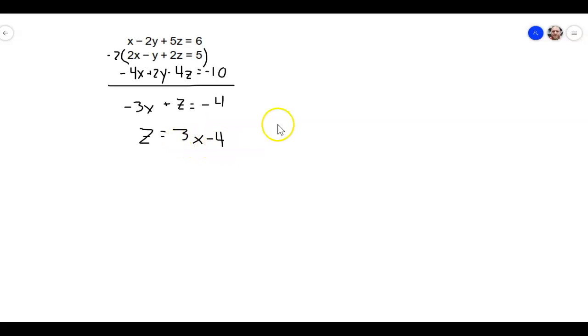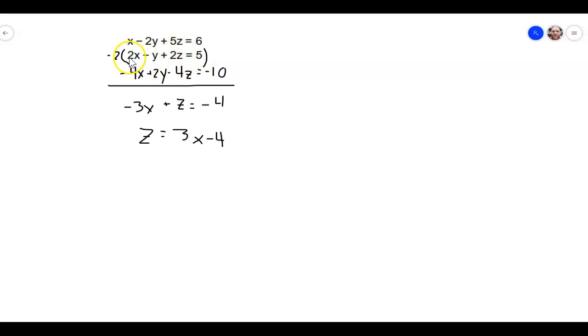And now what I want to do is solve for y in terms of x. So I want to get rid of the z. Now I could do the same kind of thing and figure out a way to multiply both of these equations by something in order to cancel out these z's.